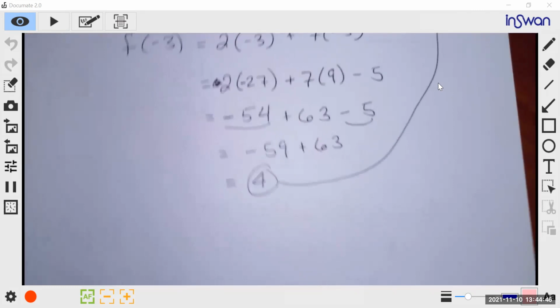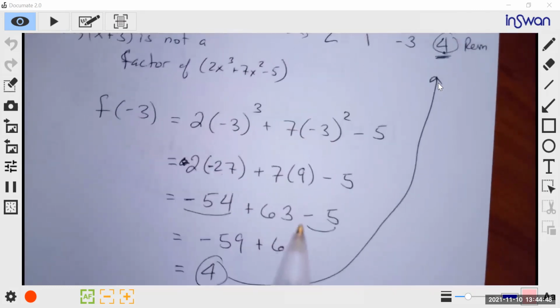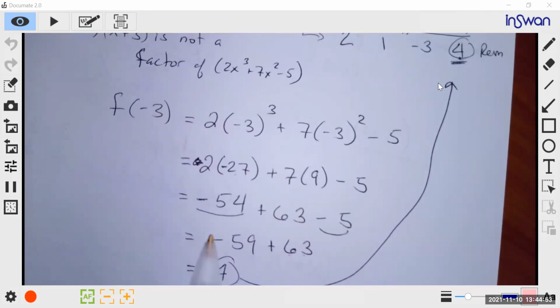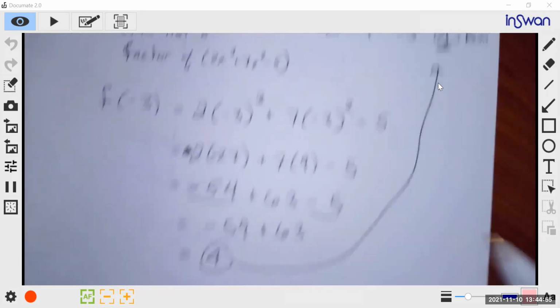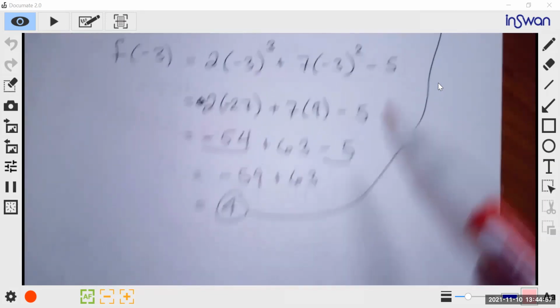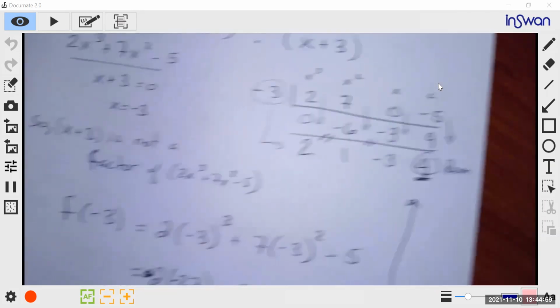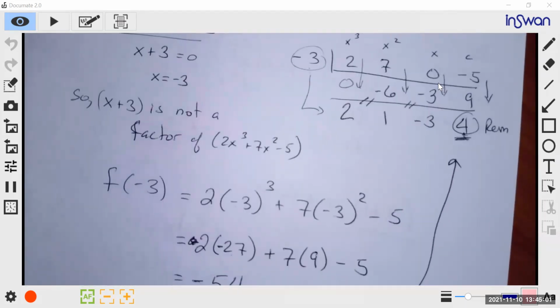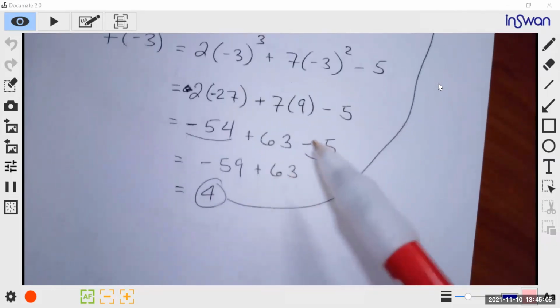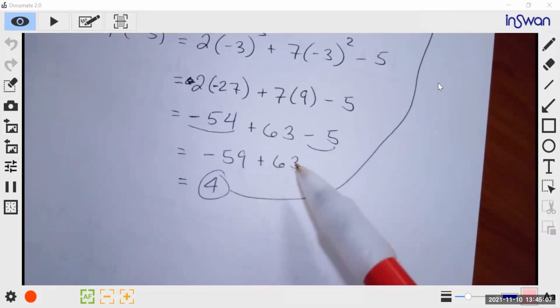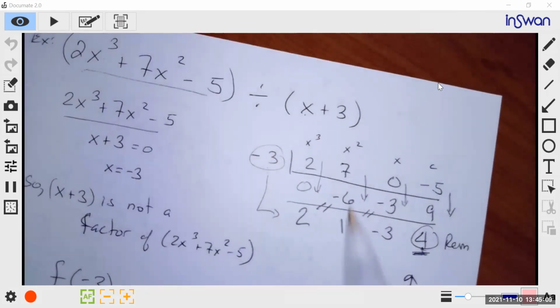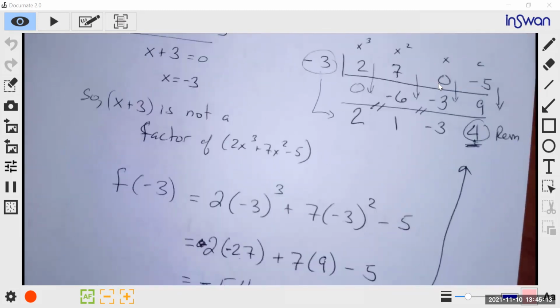So what this shows us is that if I give you a big equation and ask you to plug a number in there, you could do this, which is long and tedious and drawn out, or you just use synthetic division and work it out that way.